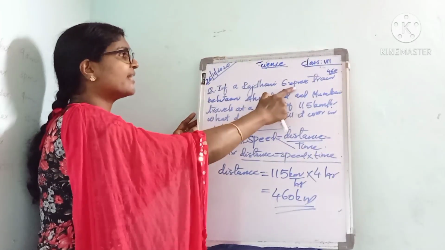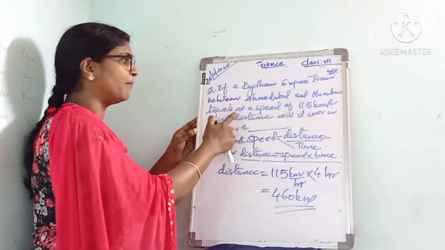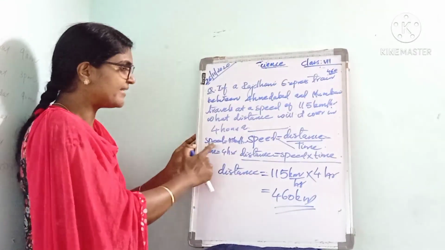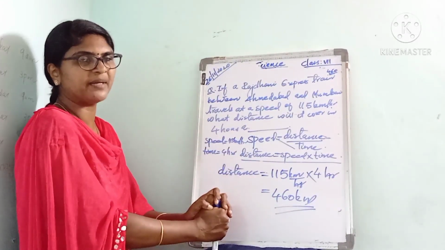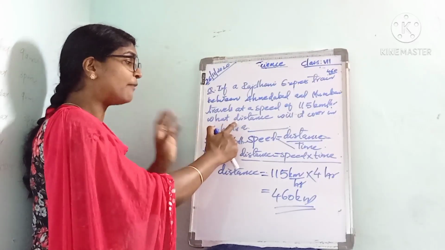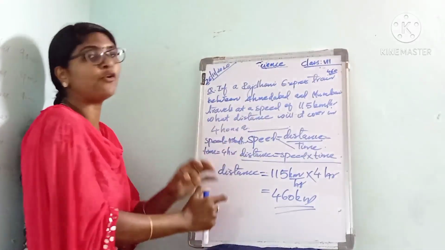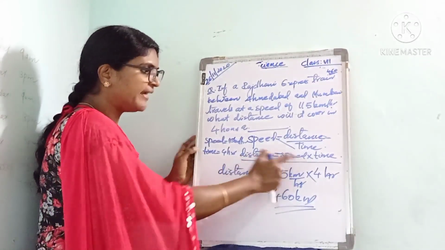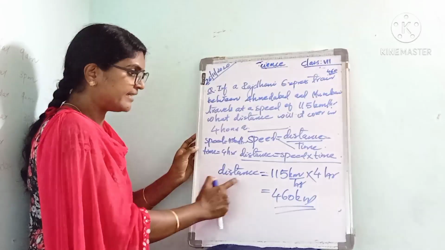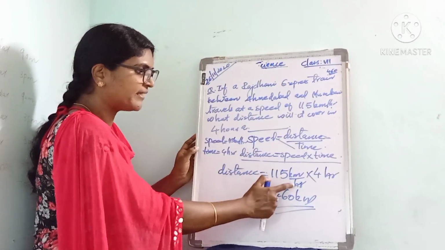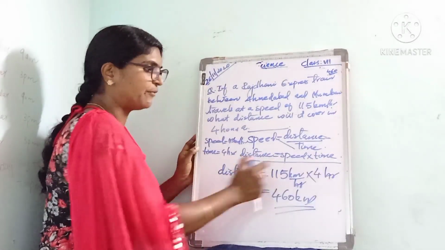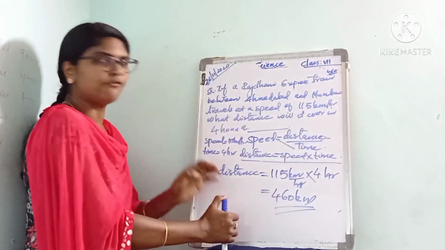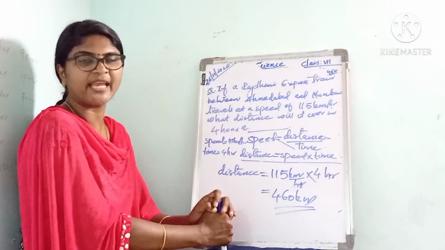Here the Rajdhani Express between Ahmedabad and Mumbai travels at a speed of 115 km per hour, and we have to find the distance it will cover in 4 hours. So distance equals 115 km per hour into 4 hours. The hour cancels, and 115 into 4 is 460 kilometer. All of you got it?